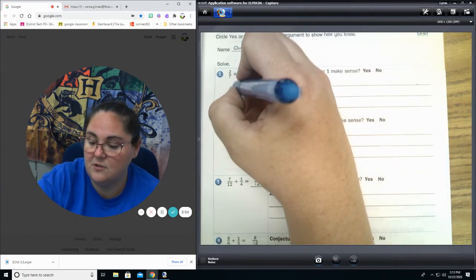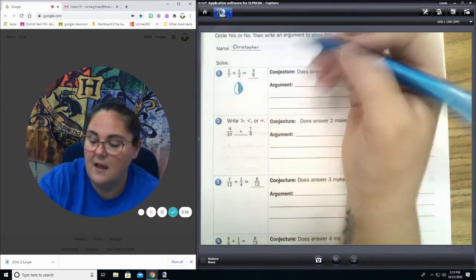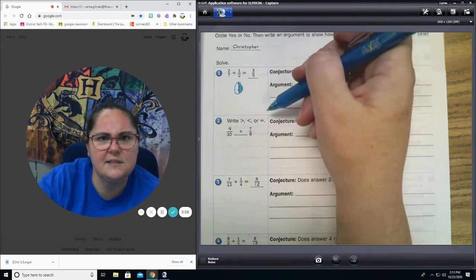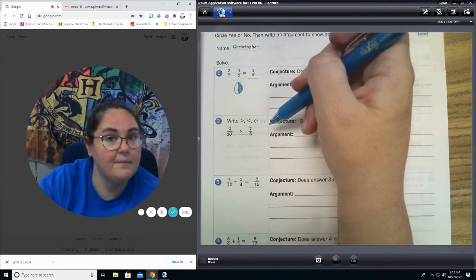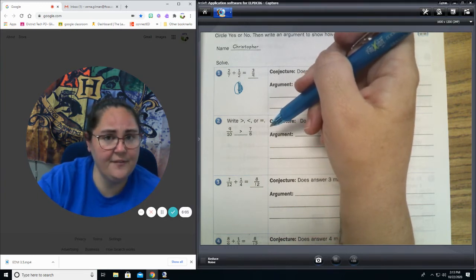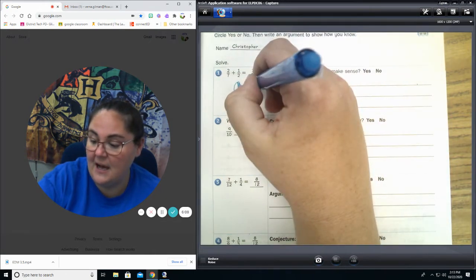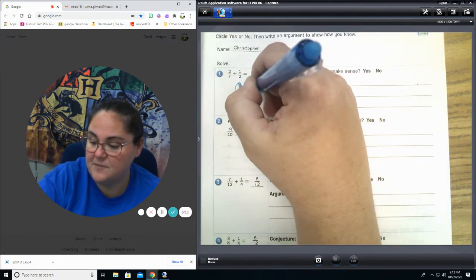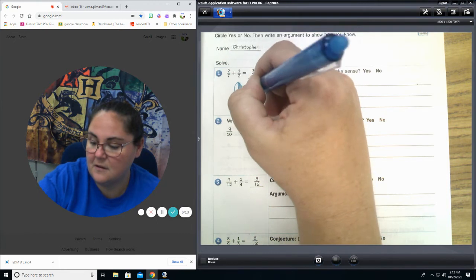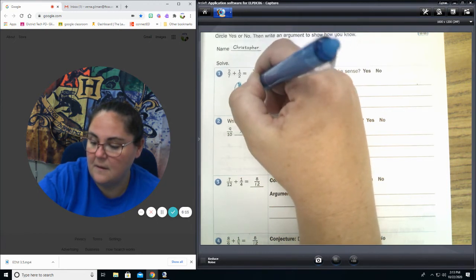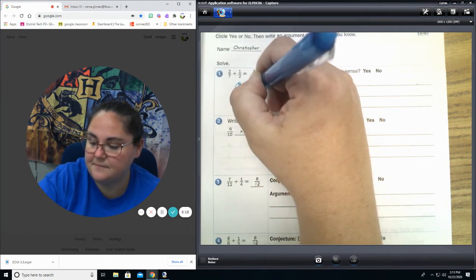So if this is my circle, half of my circle, 3/9. Is 3 half of 9? Nope, it's a lot smaller. So I'm going to split it into thirds. This is 3/9.